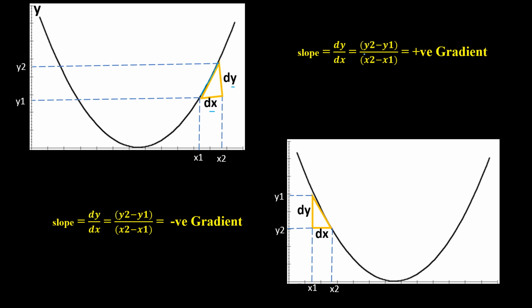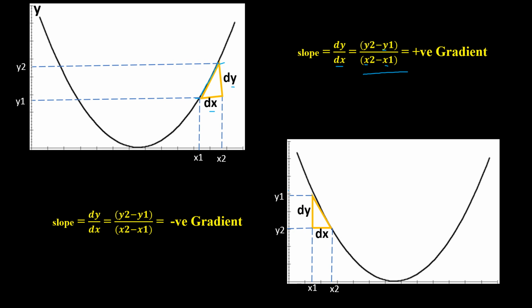We measure this by subtracting the old value from the new value for both y and x: the value of y at x2 minus the value at x1, divided by the change in x, so we get the slope. The gradient we compute is positive because y2 is greater than y1 and x2 is greater than x1. So at this place the magnitude is increasing, or the slope is rising.